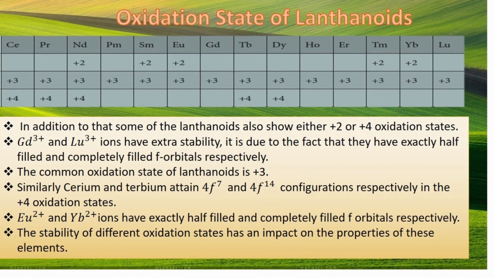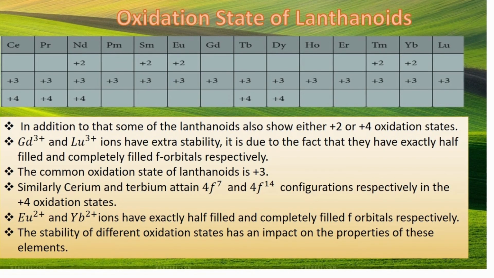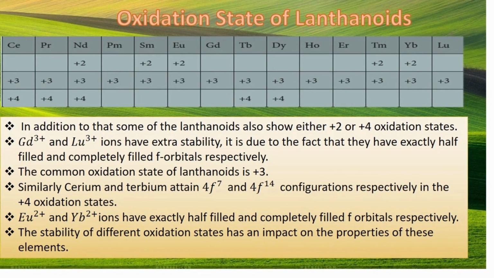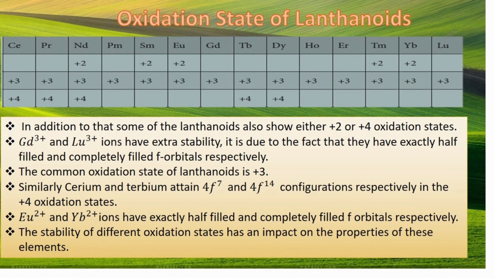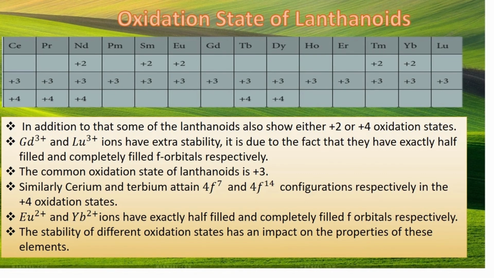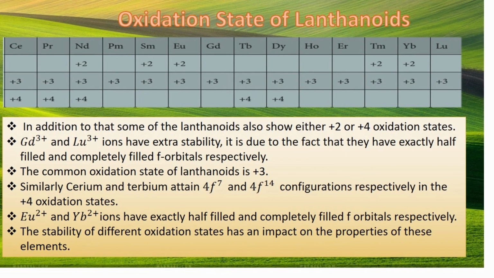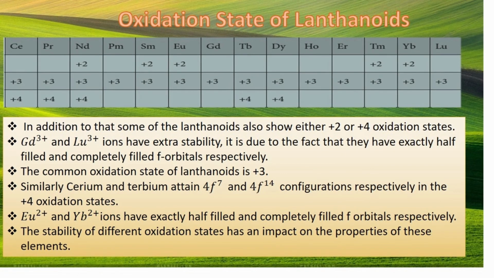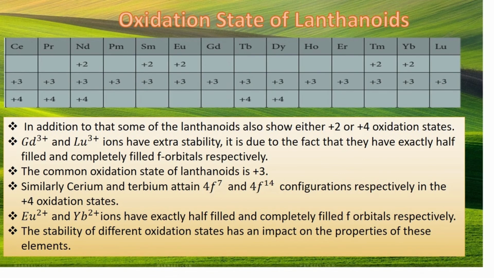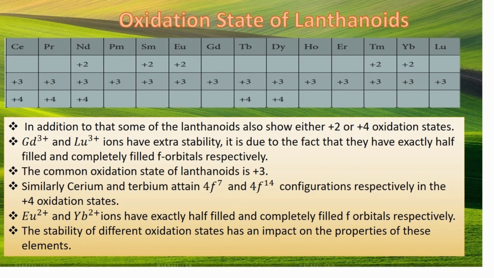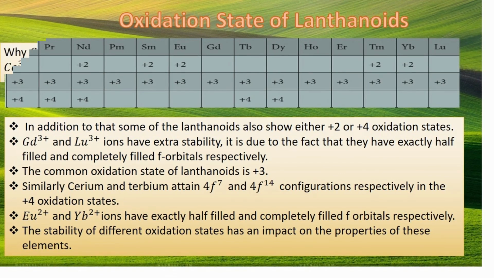These stable configurations may be achieved in aqueous solution because in the aqueous state, the lanthanoids form hydroxides with water. They find H+ ions easily available in water, and so they lose their additional electrons to be stabilized.